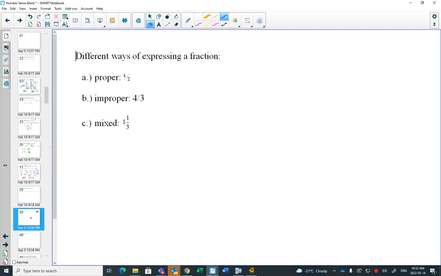Can someone give me another example of a proper fraction? 1/4, yes, you may. So the number on the top is smaller. You could have 2/3, that would work. 9 out of 10, that would work. Those are all called proper fractions.